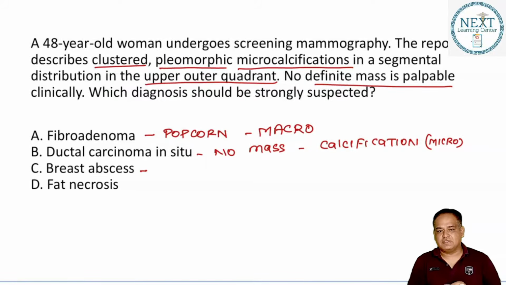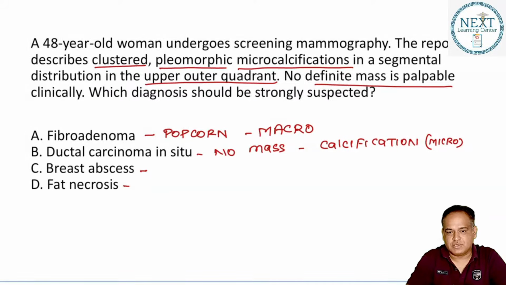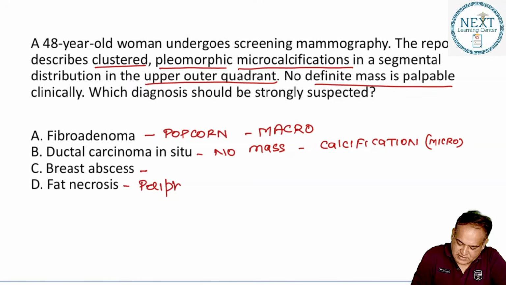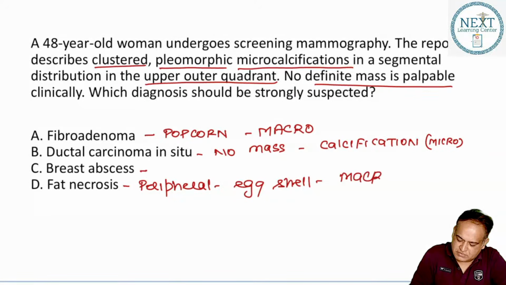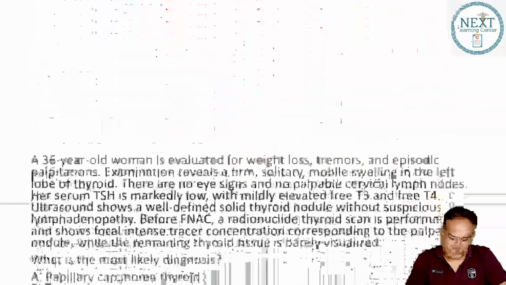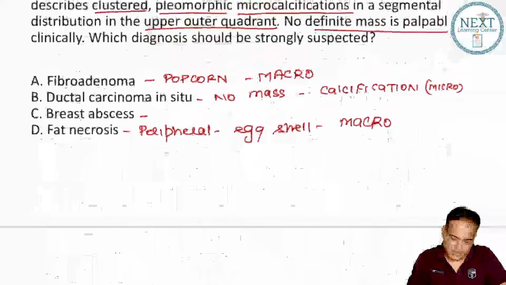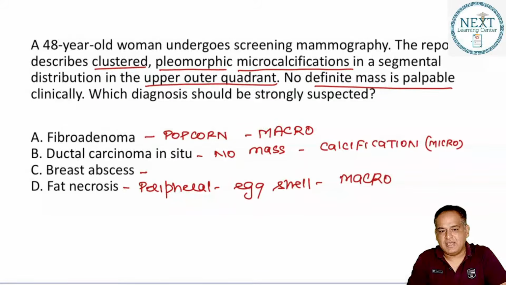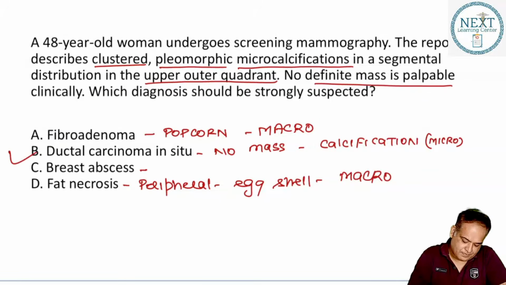Breast abscess: no calcification, rather there will be severe pain and edema. Fat necrosis presents with peripheral calcification, also called eggshell calcification, again macrocalcification. So here the answer would be B.